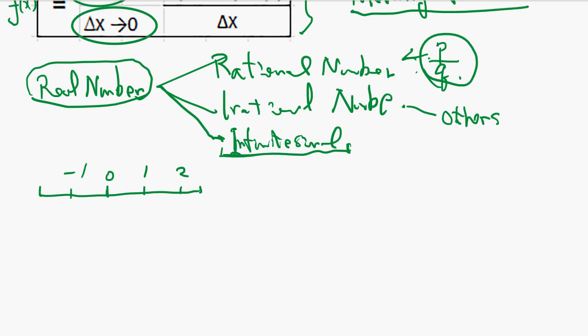This line means the numbers have greatness, which means you can compare, from small to very large.